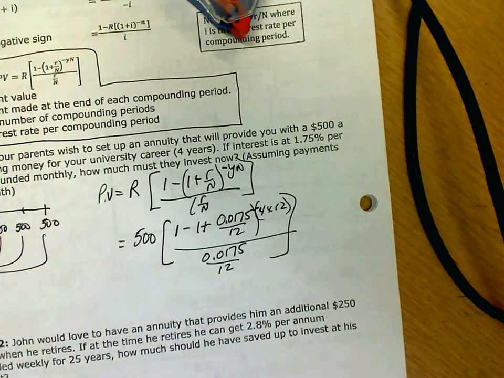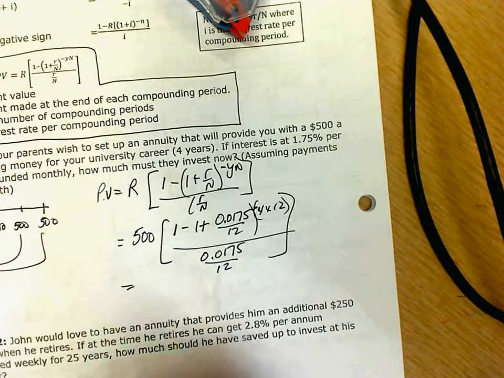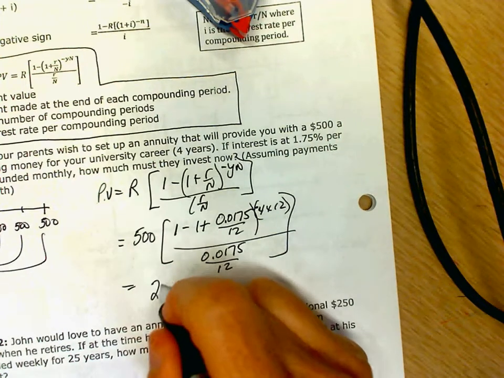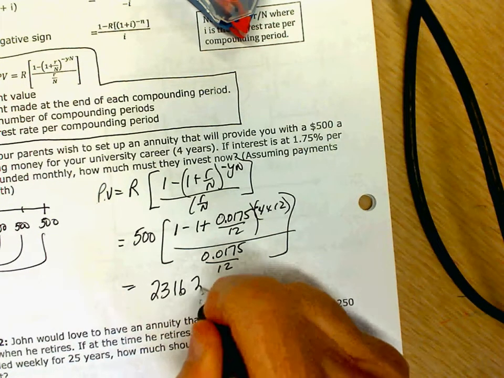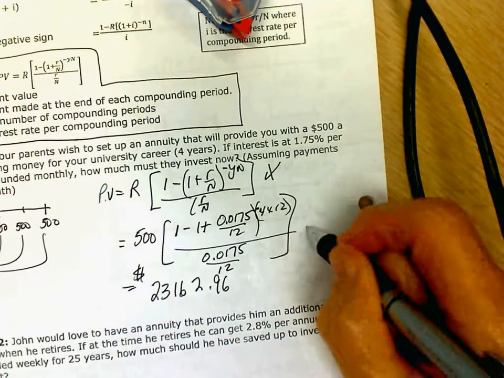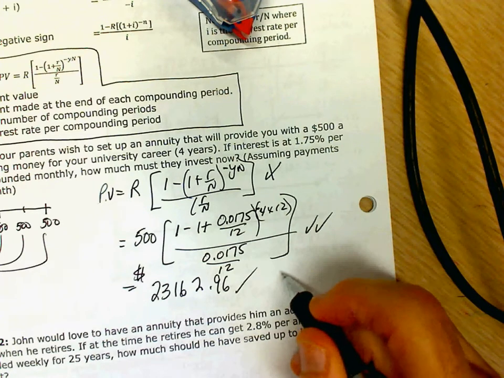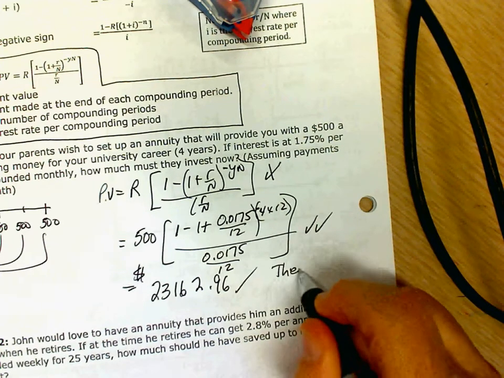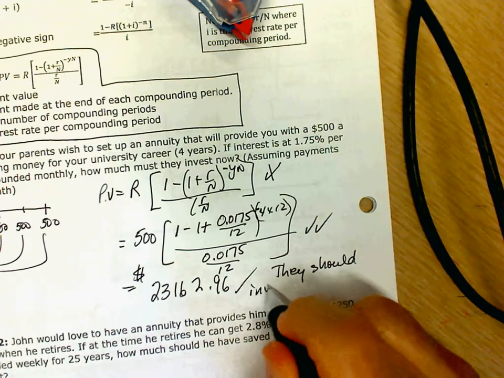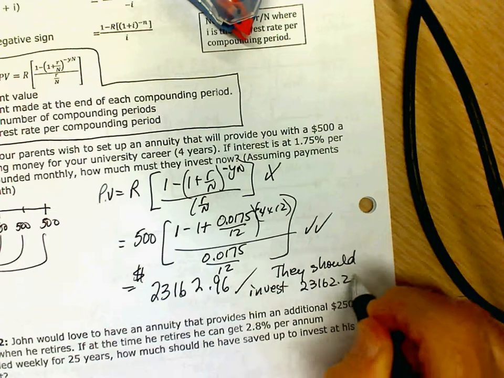Did anyone get this? Half a mark, 2 marks, 1 mark, and your conclusion. They should invest 23162.29 now. The present value, what they invest today.